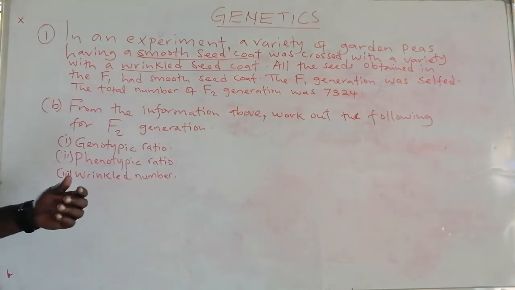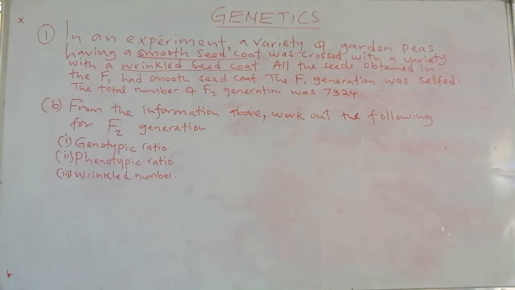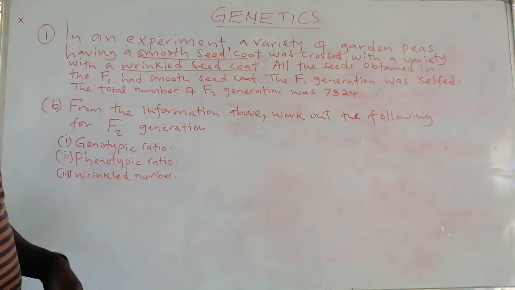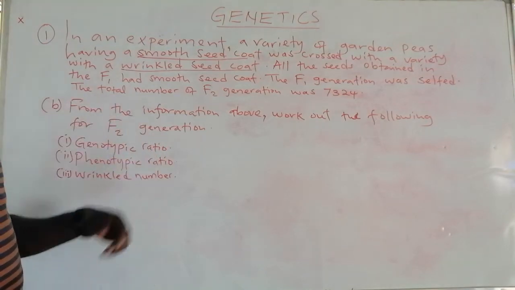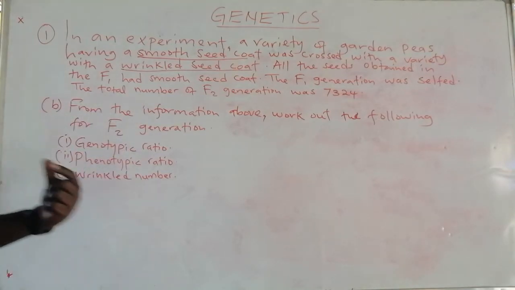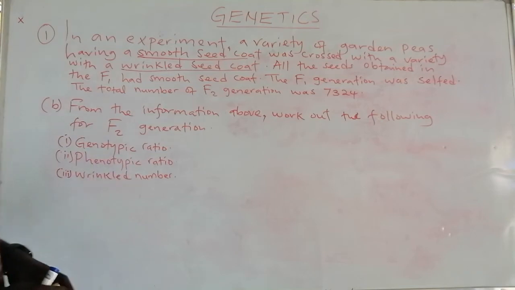From the information above, work out the following for F2 generation. The first one is genotypic ratio, then we have phenotypic ratio, and lastly we have the wrinkled number. When we are told from the information above, it means we are going back to the first genetic cross that we did that involved F1 generation.